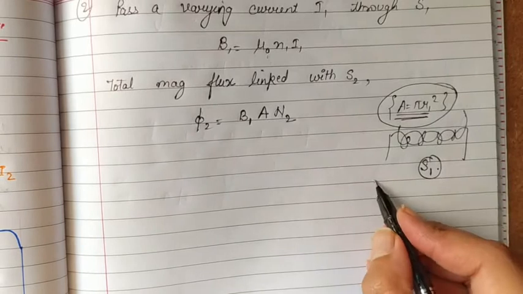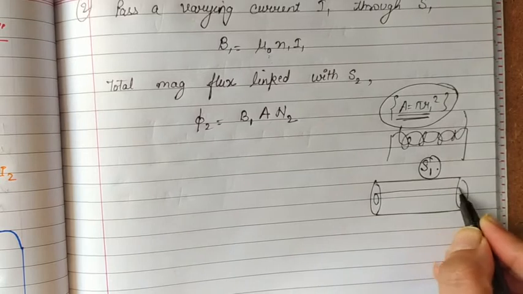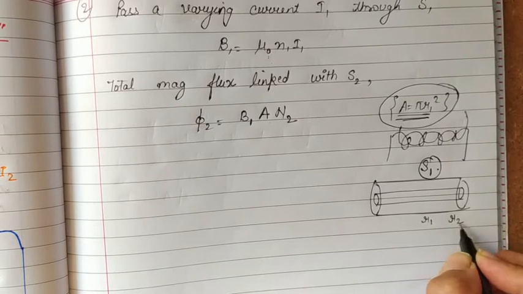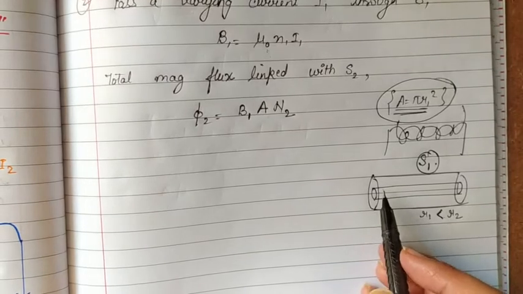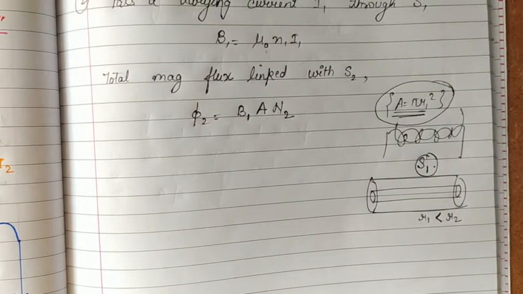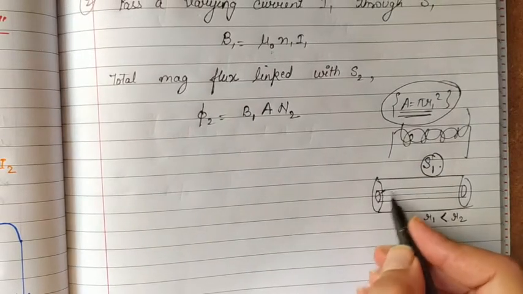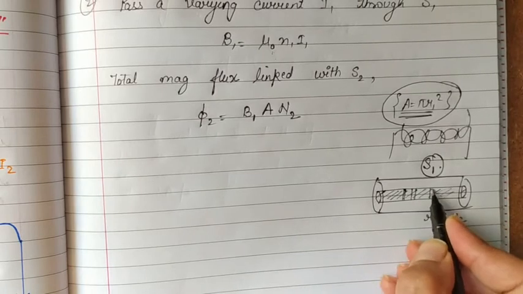Suppose we have a big cylinder and inside it we have a smaller one. The smaller one has radius r1 and the bigger one has radius r2, and r1 is less than r2. Now if I want to find the area which is common to both, or in which the flux lines because of the magnetic field in the first pass, we get the area this much, meaning the cross section area is of radius r1.